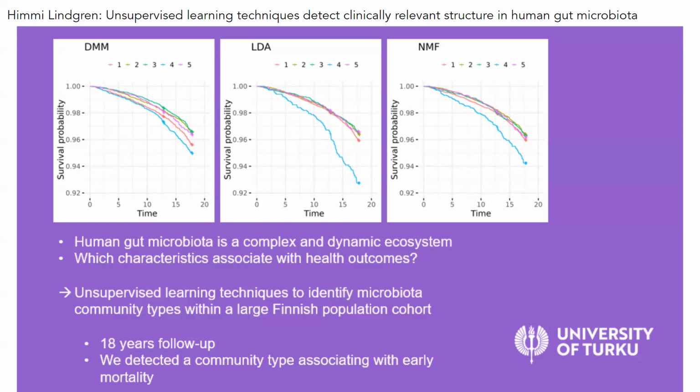We utilized the mia package for microbiome analysis tools and the TreeSummarizedExperiment container. After identifying these community types, we analyzed their association with the mortality endpoint obtained from Finnish health registers within almost 18 years of follow-up. And we were able to detect the community type that associates with early mortality. So if you got interested in this, come to see my poster. Thanks.